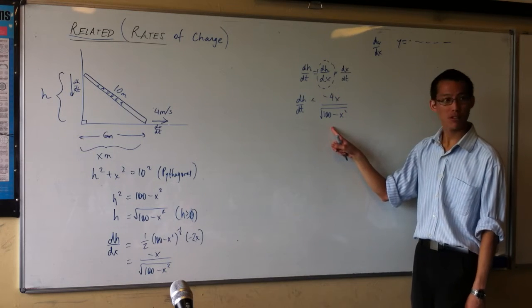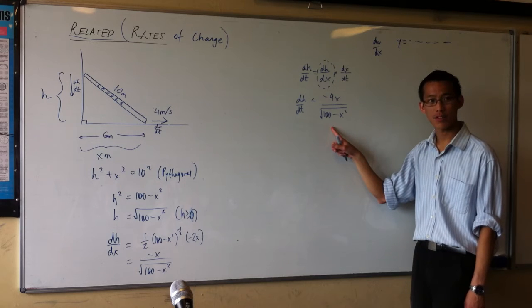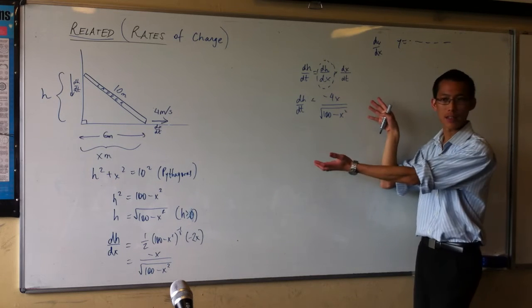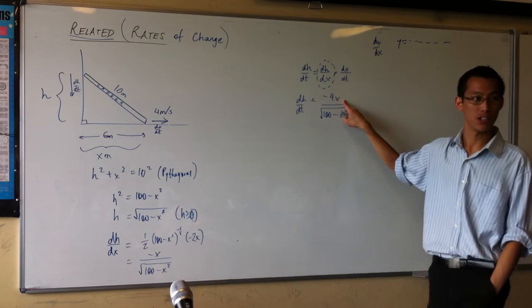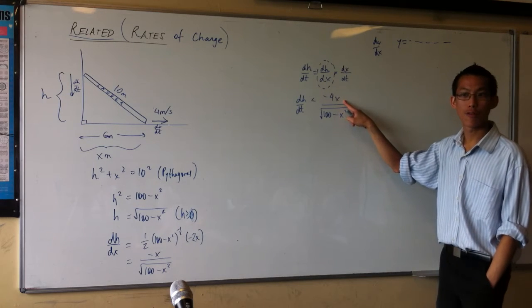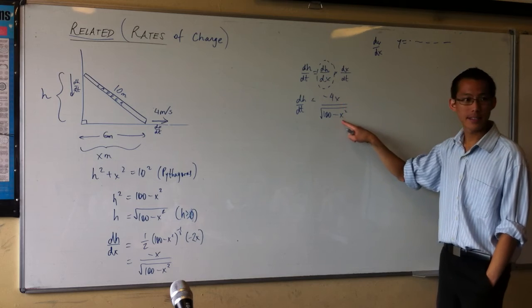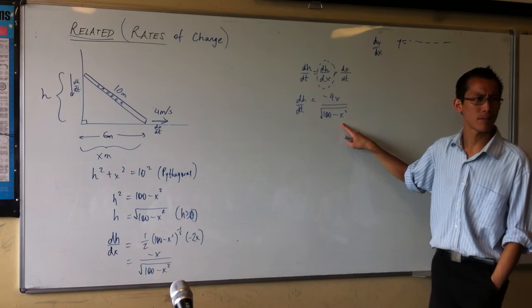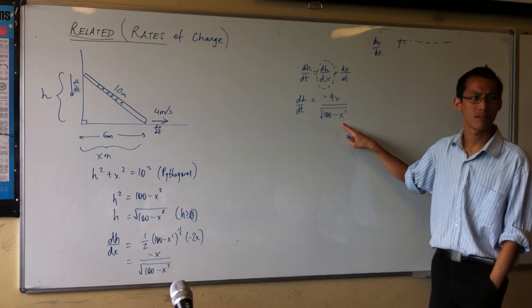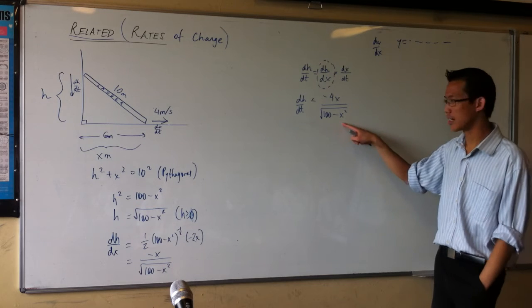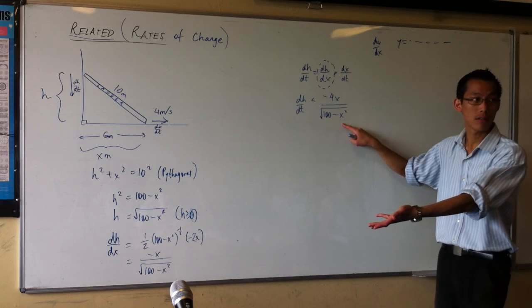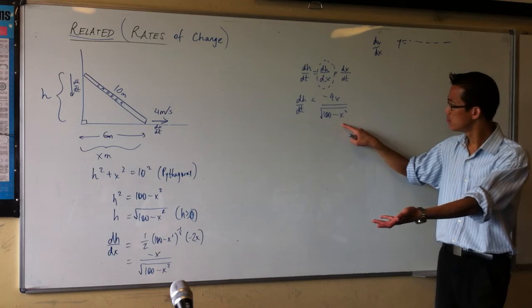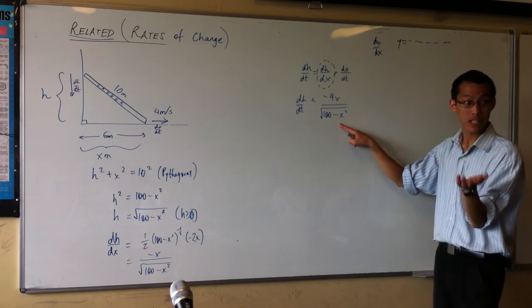Right? As x approaches 10, think about what's happening to this. As x approaches 10, what's the numerator approaching? It's approaching negative 40, right? By the way, why do I have to say approaching? Why can't I just say 10? Because I'd divide by 0. Good, thank you. Now, as it's approaching 10, what's happening to the denominator? It's getting really, really tiny, right?